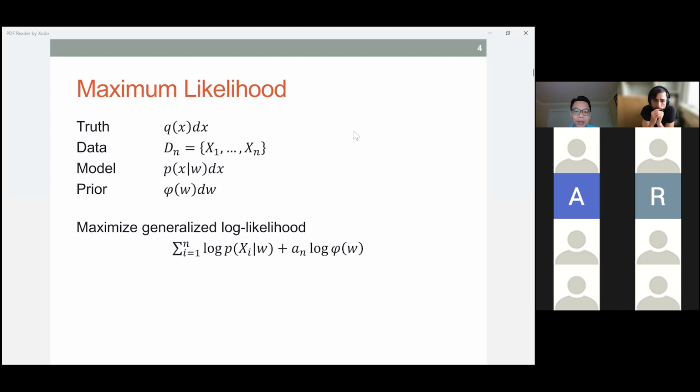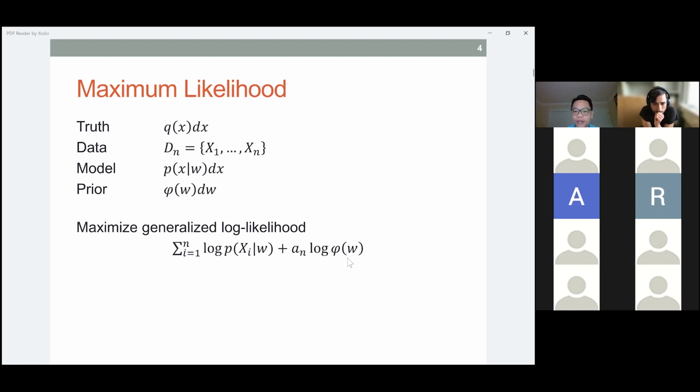The reason I call this a generalized log likelihood is that, in addition to the log likelihood, which is the sum of the logs of the probabilities, I also have this regularizer term where the prior enters in terms of the log of phi.